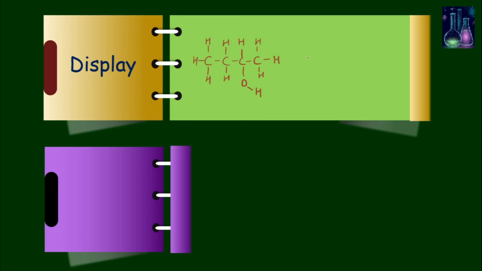Now butanoic acid, again 4 carbons, 1, 2, 3, 4. Here you have the carboxylic group. Here you have the hydrogen. And this is the display formula for butanoic acid.